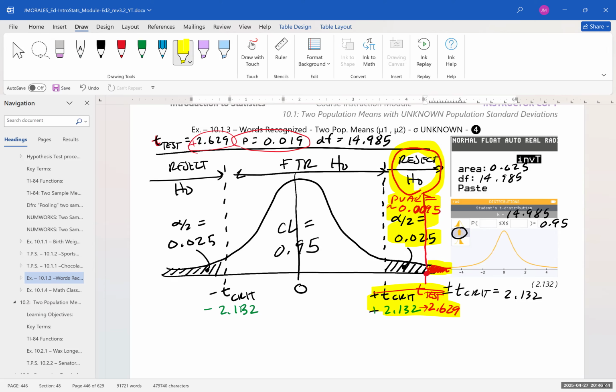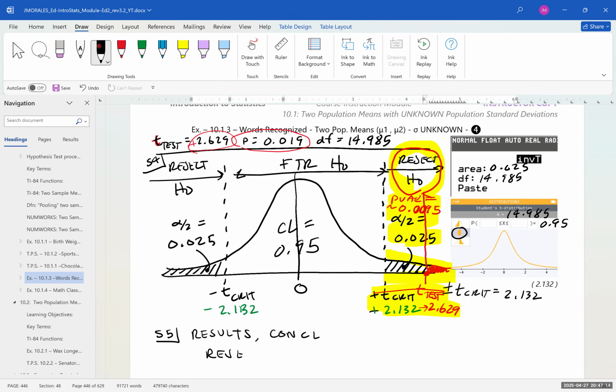This area here in the tail, or in the p-value, is less than the tail of the significance level divided by 2. So now we are in the clear to move on to step 5. And I should have labeled this as step 4, I'm sorry. To write down our results and our conclusion.